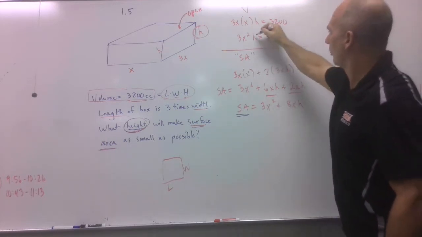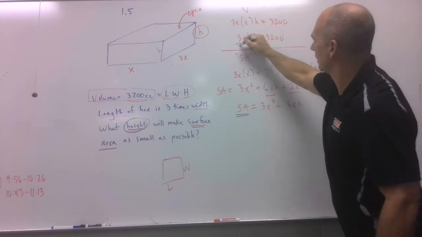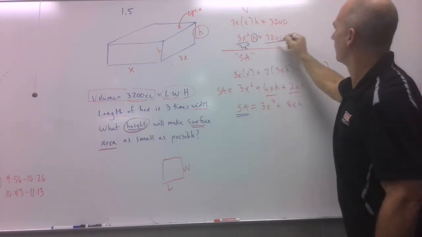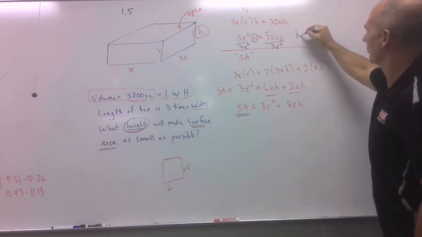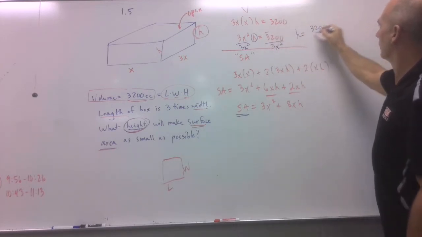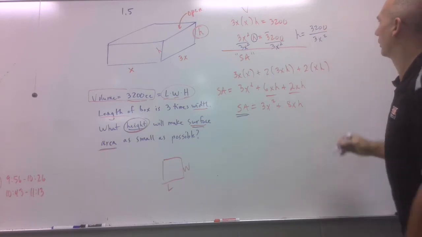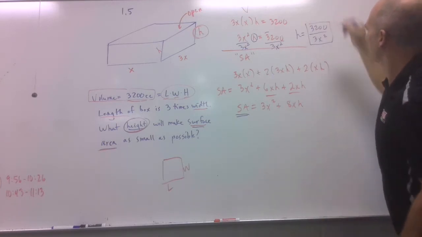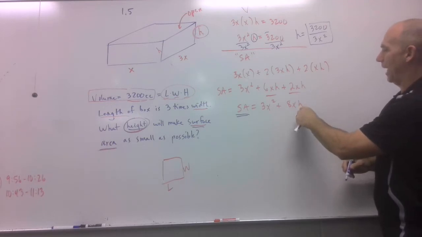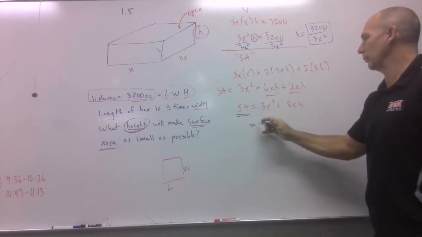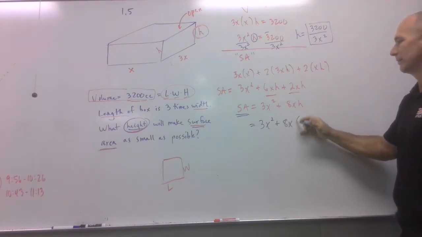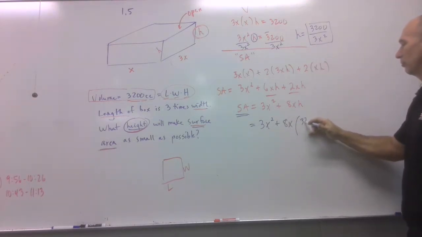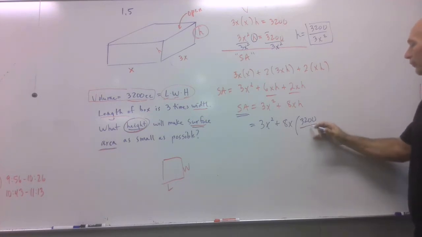I'm going to solve for h in this one by dividing by 3x squared, so h equals 3,200 divided by 3x squared. I'm going to take this and plug it in for h. So the surface area equals 3x squared plus 8x times the height, which is 3,200 over 3x squared.